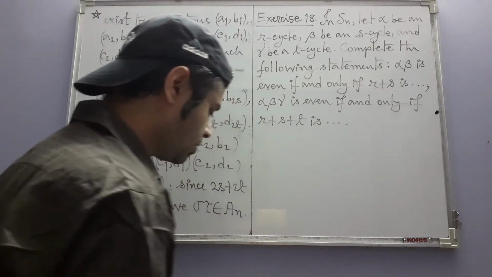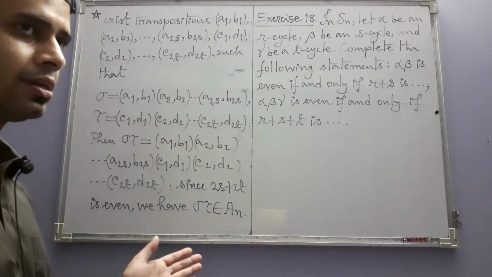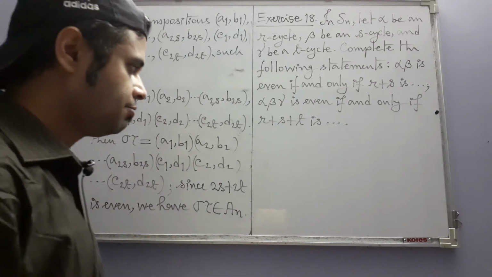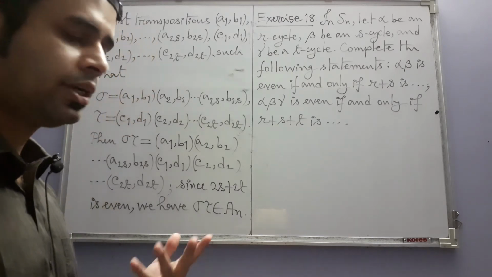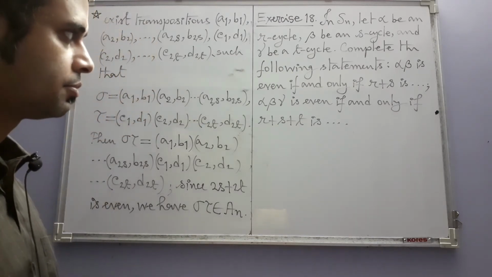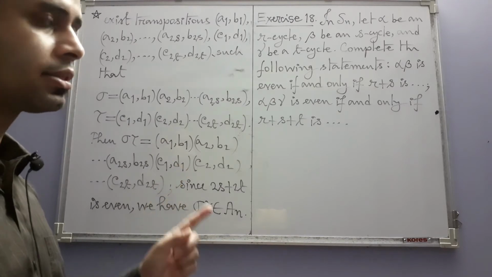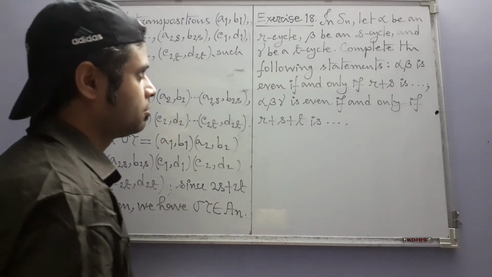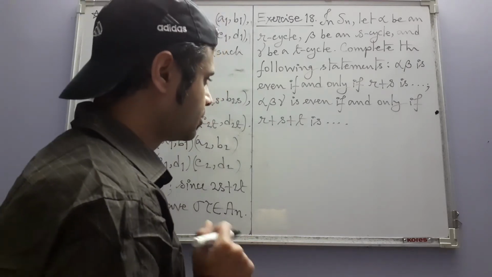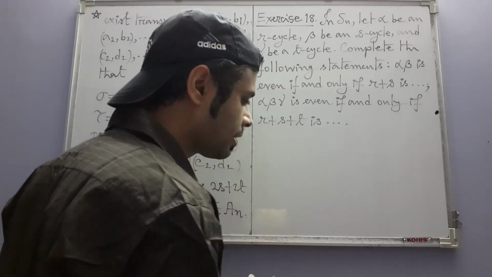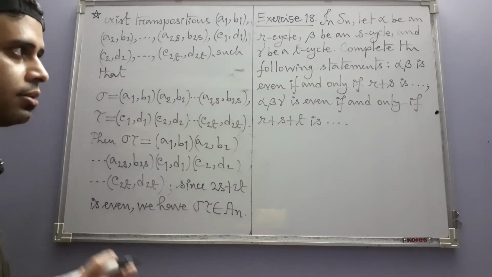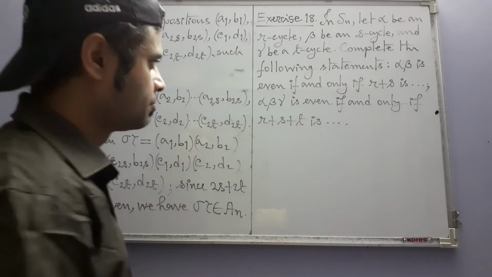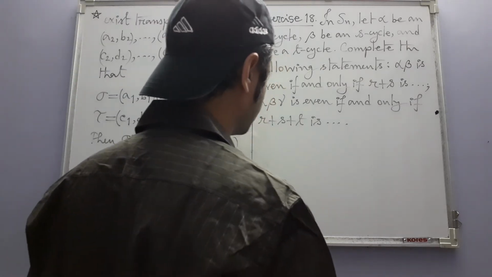Okay, so in a previous problem we already saw that if we have an m cycle in Sn, where m is of course less than or equal to n, an m cycle is even if and only if m is odd. So we are going to use that.